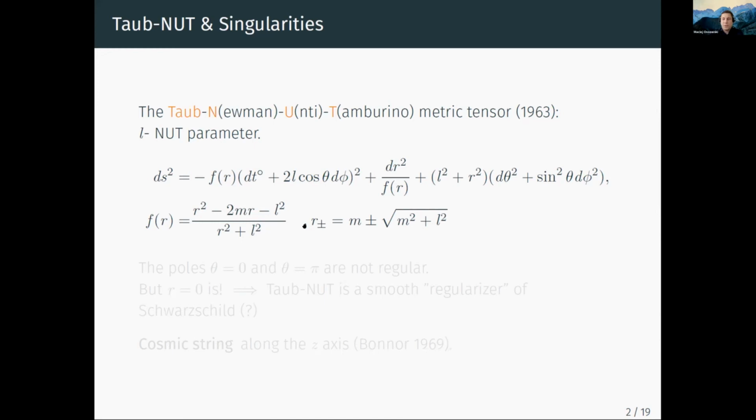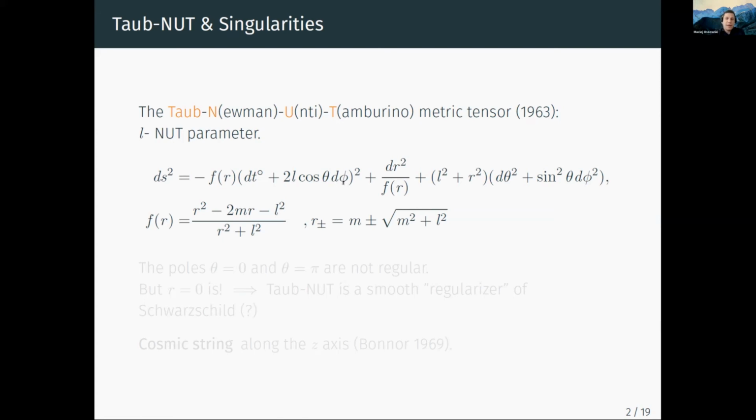We have some horizons which are located at the roots of this function, and we even have four independent Killing vector fields, the same as in the Schwarzschild case. But there's one glaring difference, which is of course the presence of this 2L cosine theta d phi term. And this is one of the sources of the singularity when we talk about spacetime with NUT parameter.